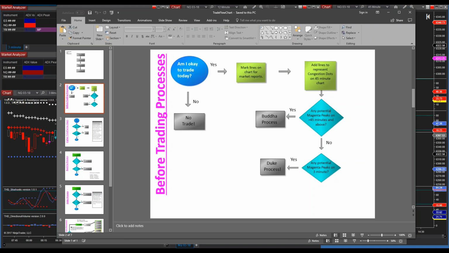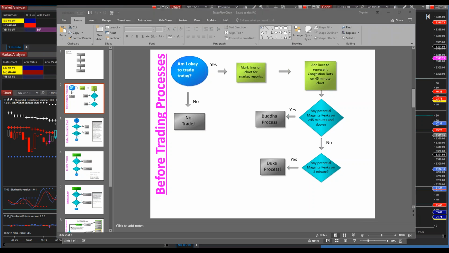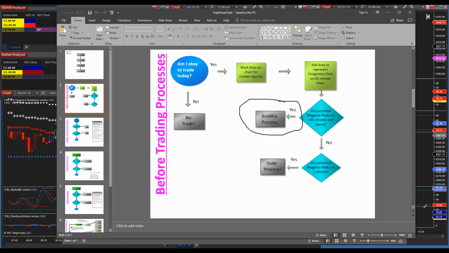Now, if we do have something that is overextended or we have a magenta peak, we're going to use the Buddha process. But if we do not have anything on the higher time frames saying that the market is going to reverse, we're going to use the Duke process. Duke simply means that price is at an ATR.